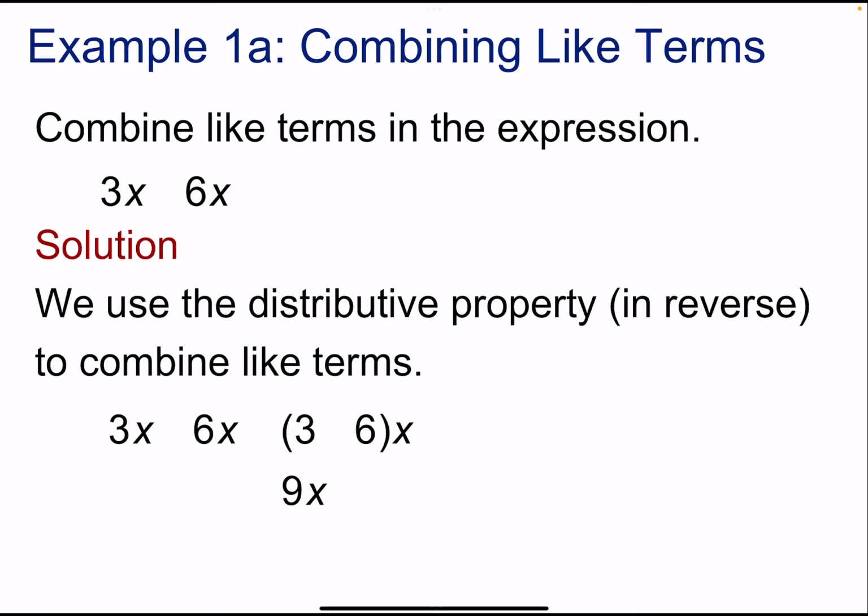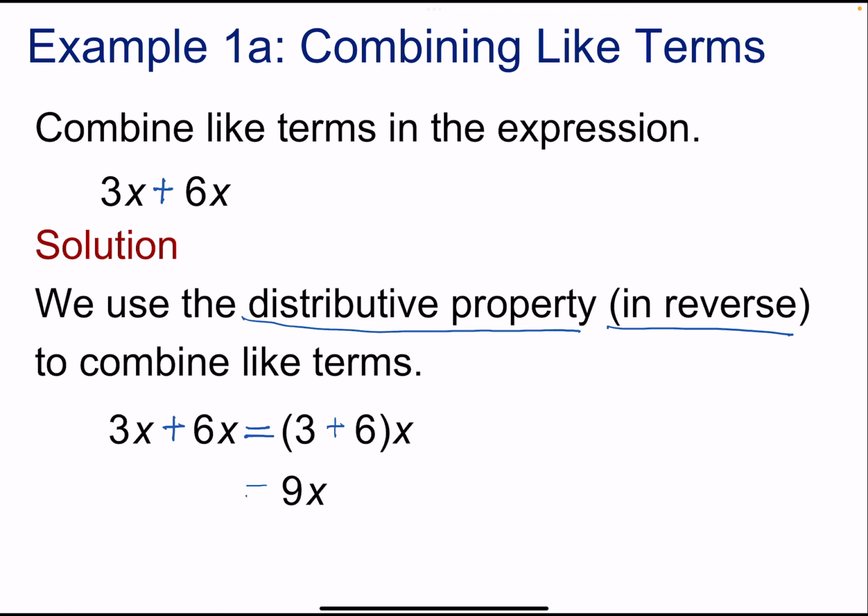So let's quickly look at a couple of examples. First of all, 3x plus 6x. How are we gonna combine like terms? Well, what we do is again apply the distributive property in reverse. Basically what we need is to combine their coefficients and then multiply by the variable x.